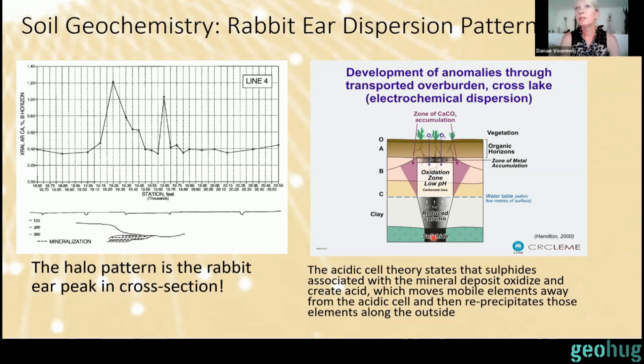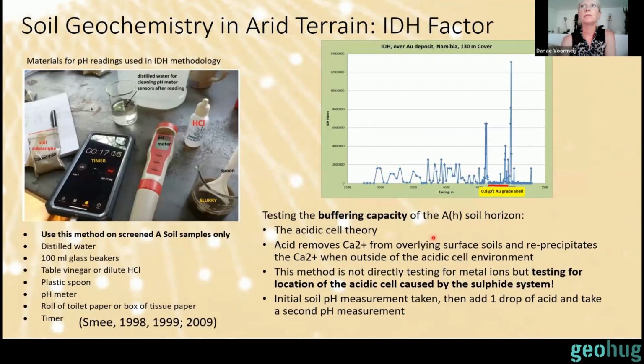Well, you can do an intense soil geochem survey, and they're pretty pricey these days. I think it's $50, $60 to get a sample done. It sure has inflated. But there is a really inexpensive method to find these acidic cells, and that's Barry Smee's IDH method. And all you need for this is your A soil samples, distilled water, and a beaker.